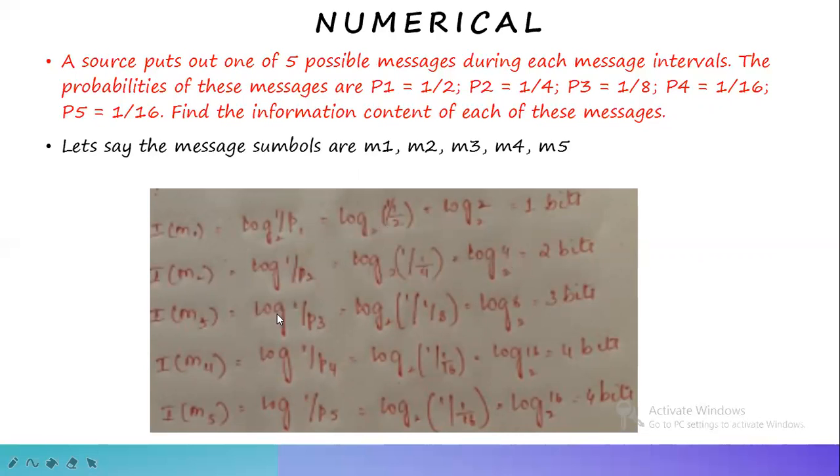I of M3: P3 is 1 by 8. Taking 8 to the numerator, log 8 to the base 2 gives 3 bits. M4 and M5 have probability 1 by 16. Substituting P4 and P5, taking 16 to the numerator, log 16 to the base 2 gives 4 bits.